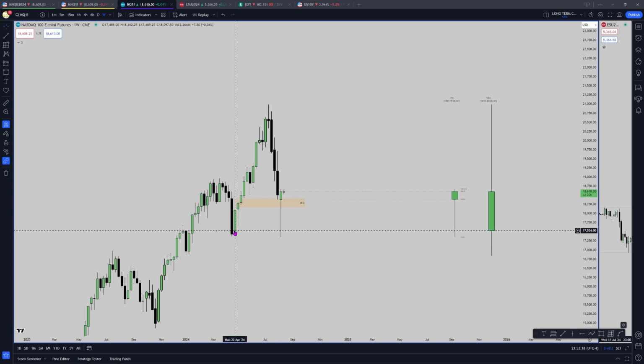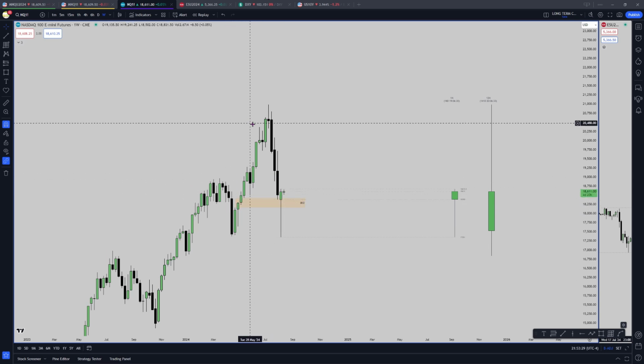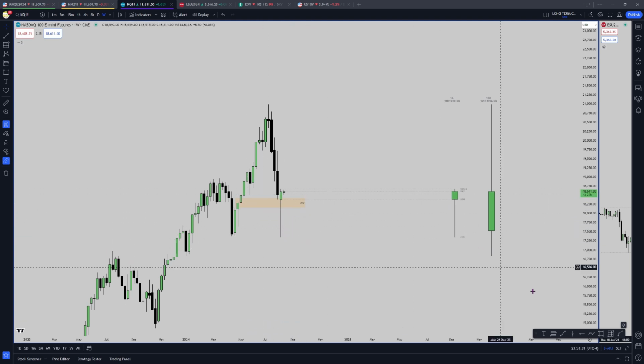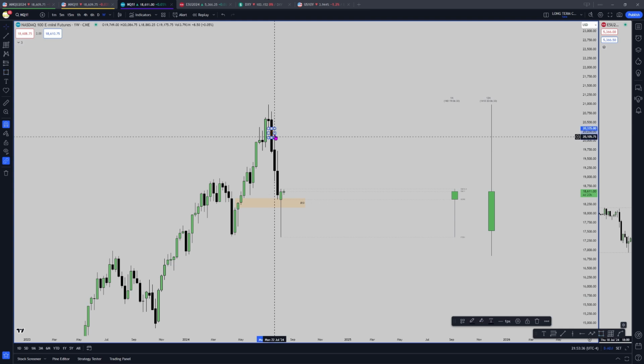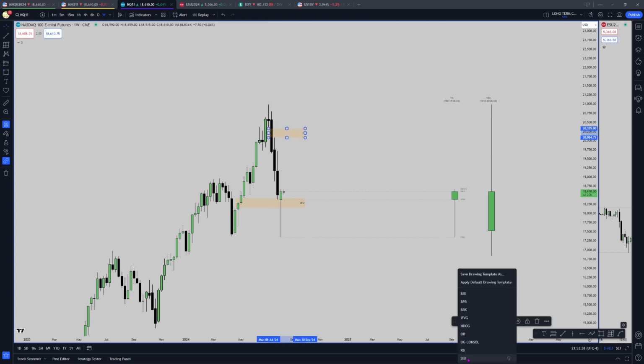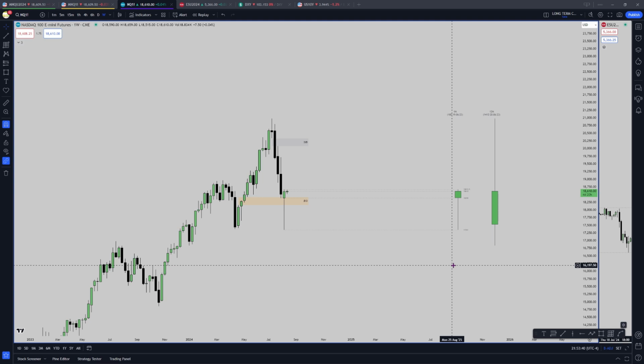It will either seek old highs and lows, or it will seek inefficiencies. So these inefficiencies were not fully mitigated. That's why price aggressively moved towards them, swept these lows, and will most likely continue higher until we mitigate this SIBI up here. So that's just basically what narrative is.